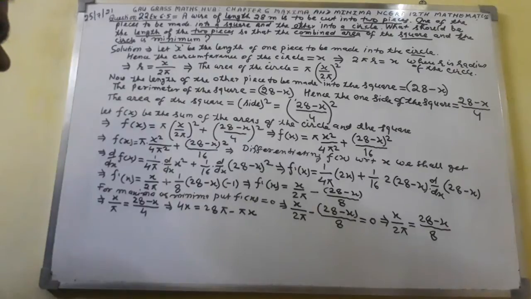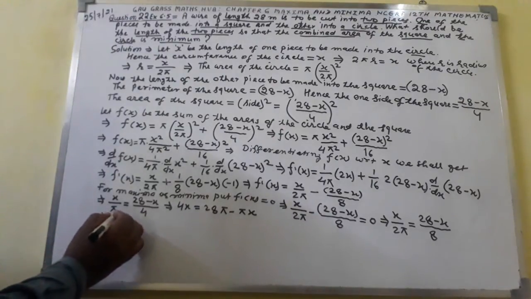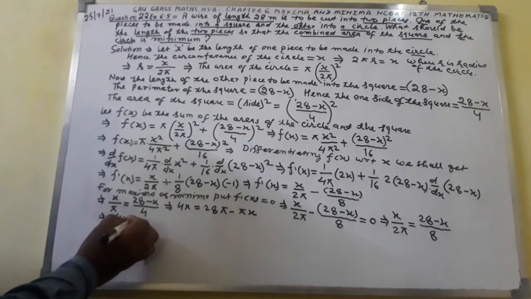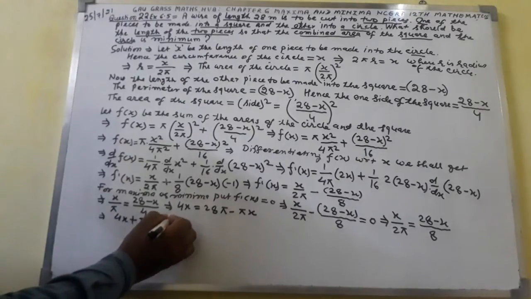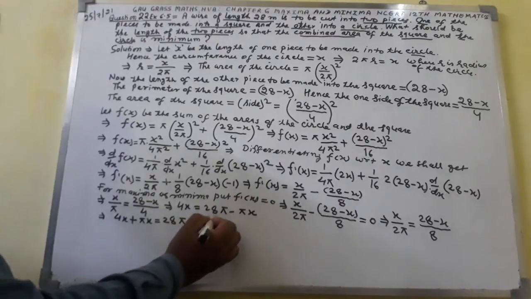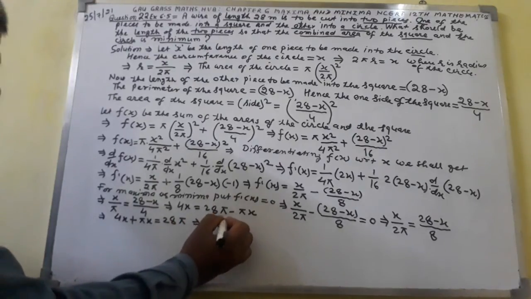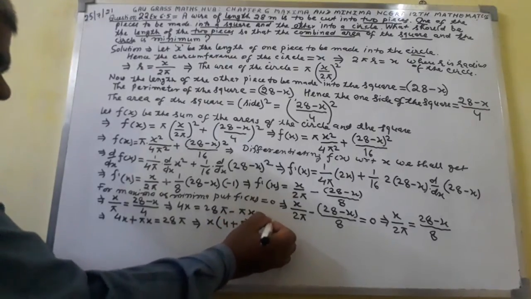That is okay. 4x minus 28 pi minus pi x. Just calculate this one. Here again I shall write 4x plus pi x equal to 28 pi. Implied that I shall take here x as common. You will get here (4 plus pi) equal to 28 pi.